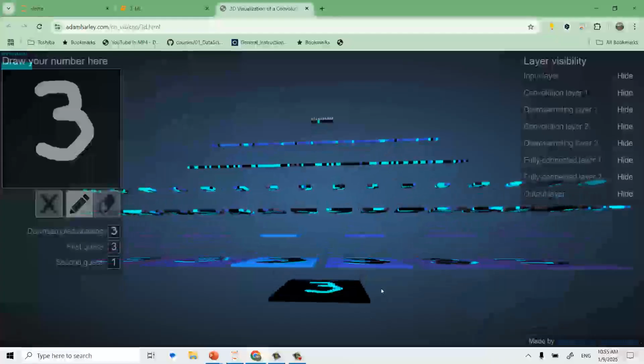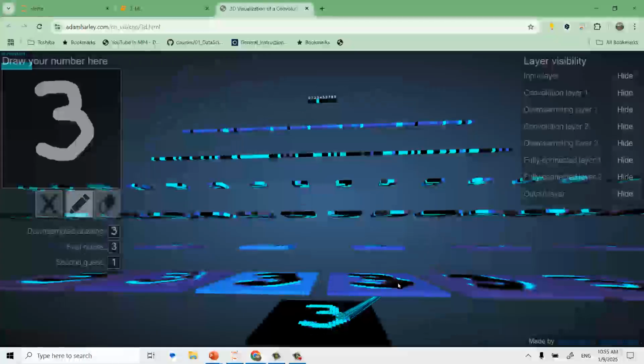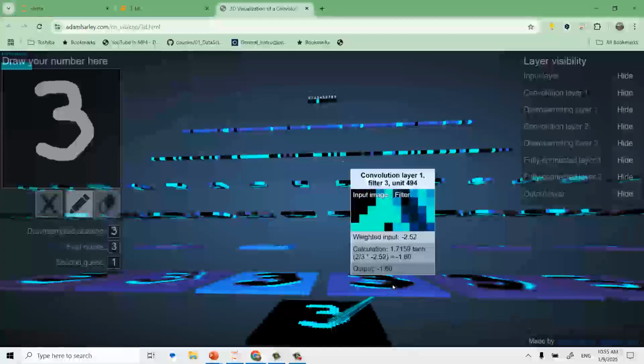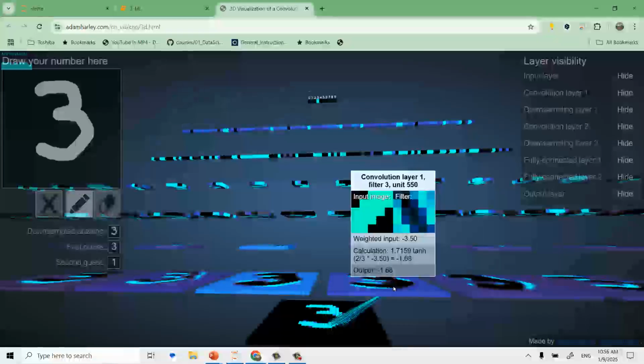I like this image that really shows what's going on. I can go in here. I can look at one of these pixels here. So I think you can see on the left there, that square is telling me what is being input from the original image, and then there's the filter on the right. That's the same thing as the convolutional kernel. So you can see it's a 5 by 5 kernel, looking at the value of that pixel there.